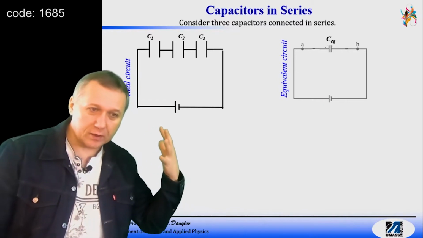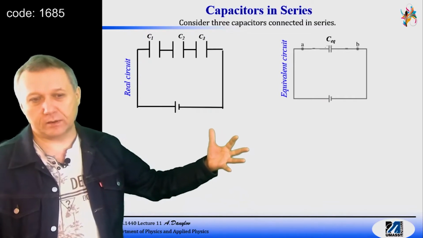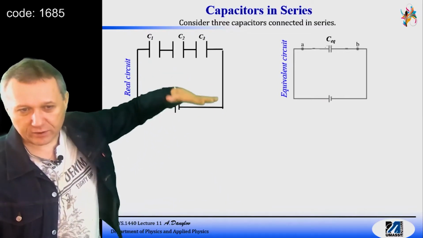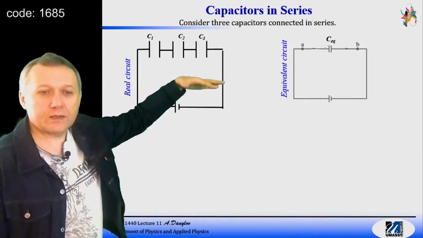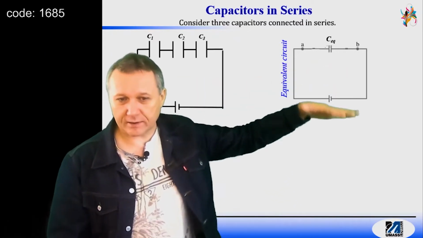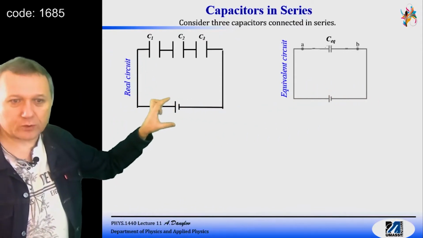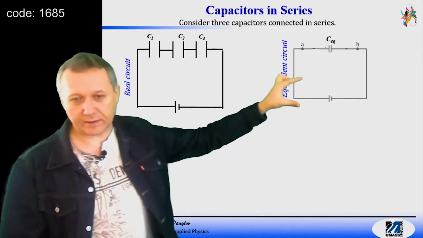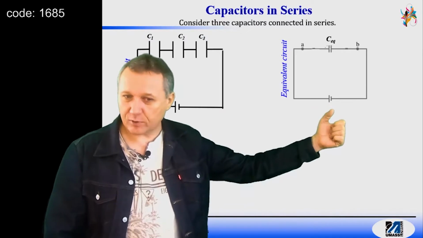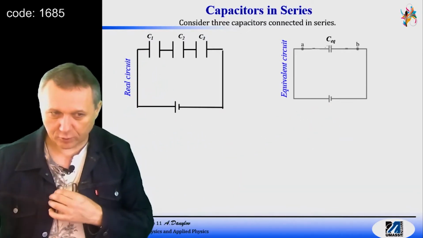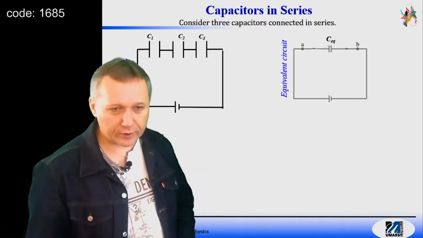And very important words we have to add every time: when we do this replacement, the rest of the circuit, in this case just a battery, but in general it can be a more complicated circuit, must work in exactly the same way in the equivalent circuit and in the real circuit. So if potential difference delta V here, delta V must be there. If charge Q is taken from this battery, exactly the same charge must be taken from that battery, right? So we must not disturb the rest of the circuit with these manipulations.